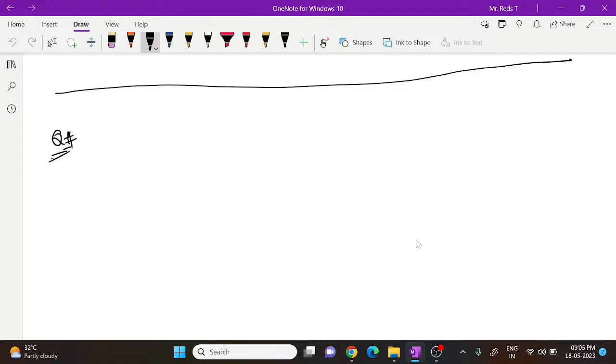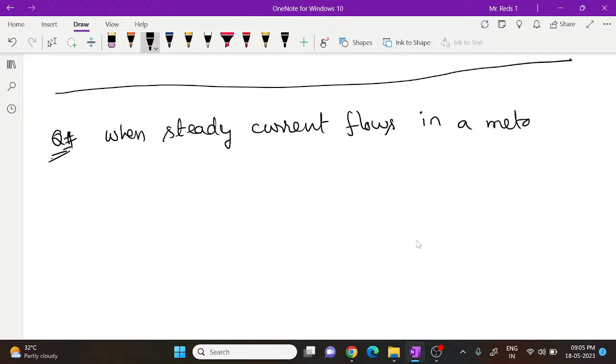Some options are given. Note down the question: when a steady current, or constant current, flows in a metallic conductor of non-uniform area, not uniform area.